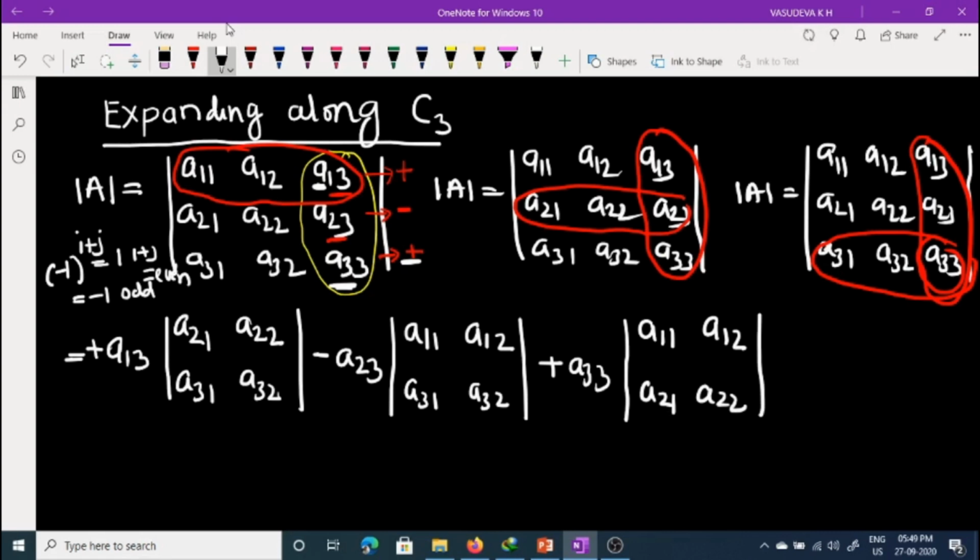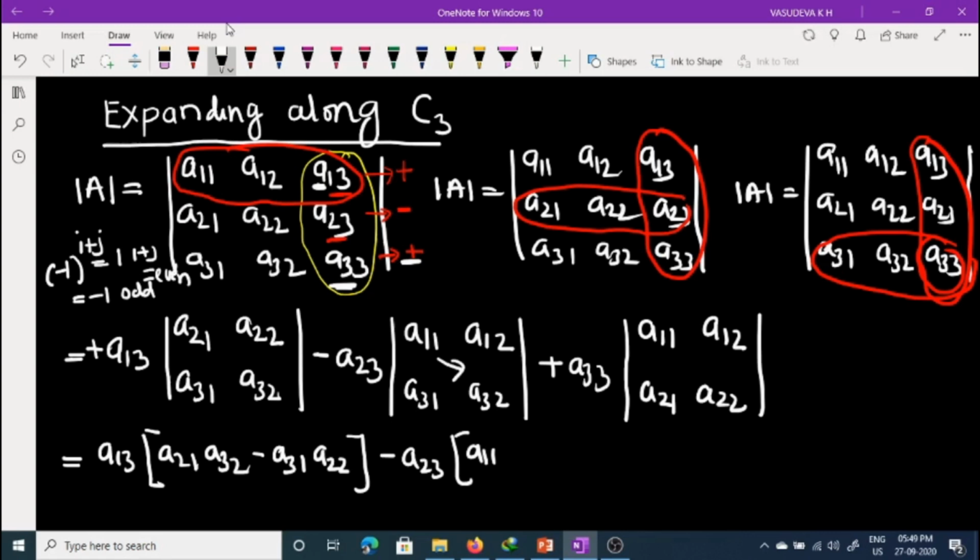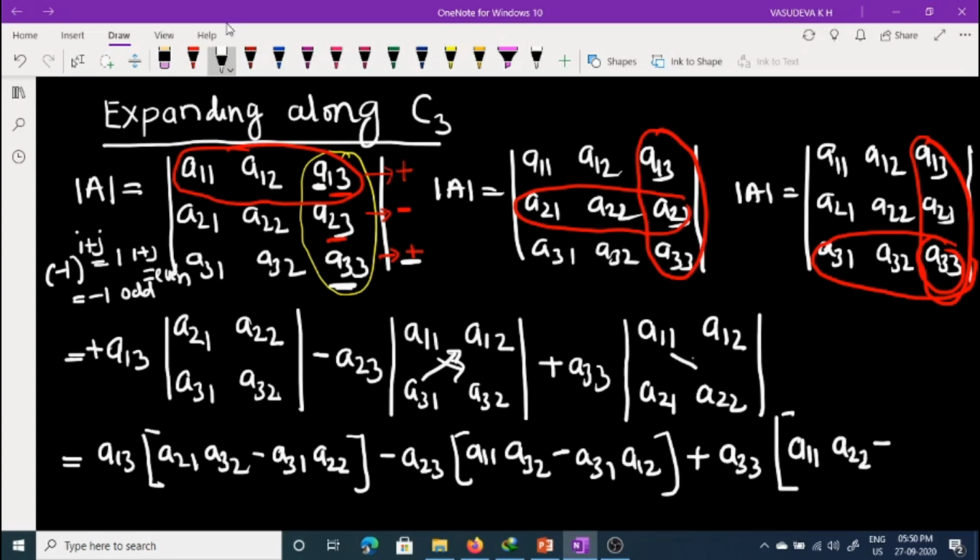Now expand this: a13 into expanding the determinant of order two, a21 into a32 minus a31 into a22, minus a23 into a11 into a32 minus a31 into a12, plus a33 into a11 into a22 minus a21 into a12.